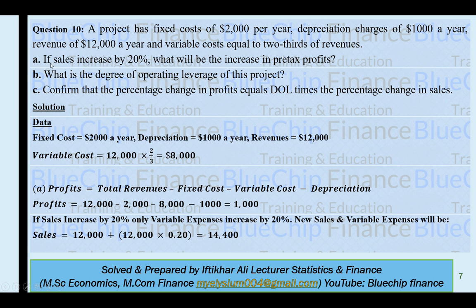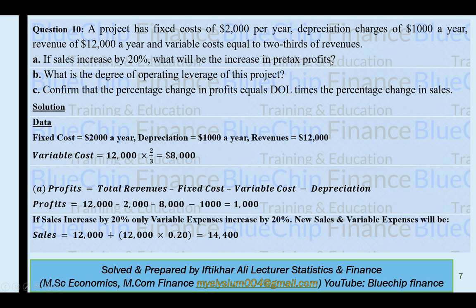A is that if sales increase by 20%, what will be the increase in pre-tax profits? B is that what is the degree of operating leverage of this project? And C is that confirm that the percentage change in profits equals degree of operating leverage times the percentage change in sales.